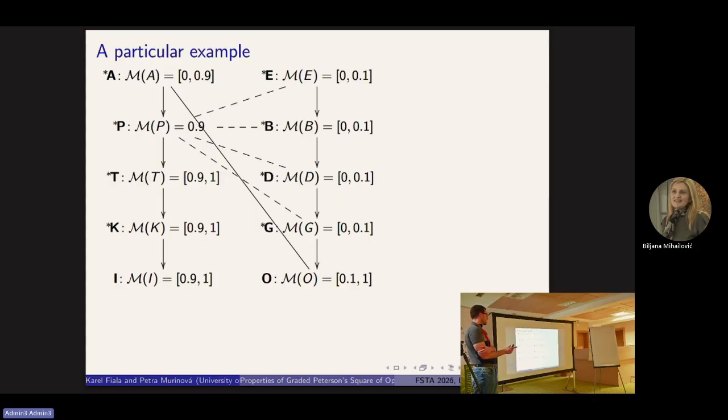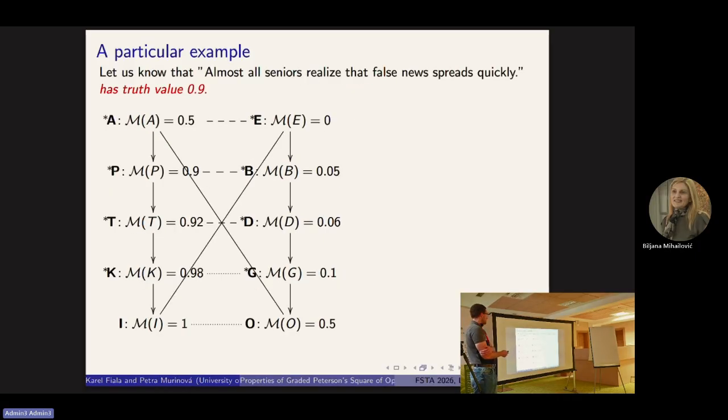It can be 1, it can be 0.5, it can be 0.1, so we still don't have much information. And finally, the concrete example in some reality should look like this, with 0.9 and the truth values for the other quantifiers.